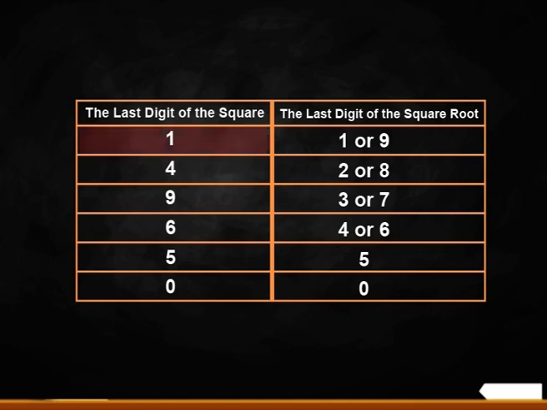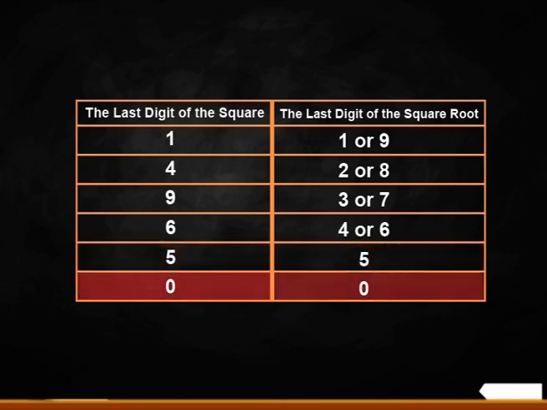If the last digit of the number is 1, the square root of that number will end in 1 or 9. If the last digit of the number whose square root is to be calculated is 4, the last digit of the square root will be 2 or 8. If the last digit of the number is 5, the square root will end in 5, and if the last digit of the square is 0, the last digit of the square root will be 0.